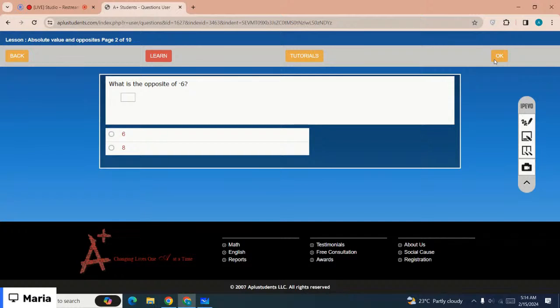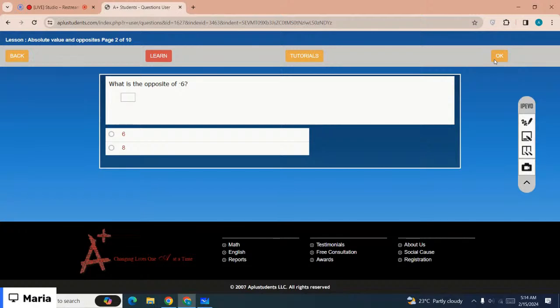Okay, the next one is, what is the opposite of negative 6, which is the correct option? Opposite of a number means if the number is positive, the opposite is exactly the same number, but that is a negative number, right?